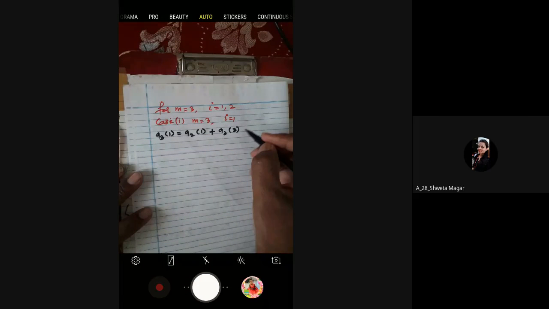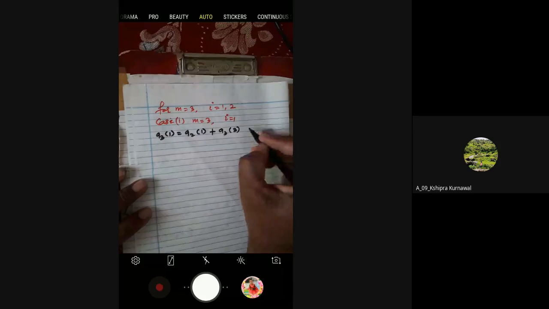a3 of 1 is equal to a2 of 1 plus a3 of 3 into a2 of 2. Just substitute all the values. What is the value of a2 of 1?